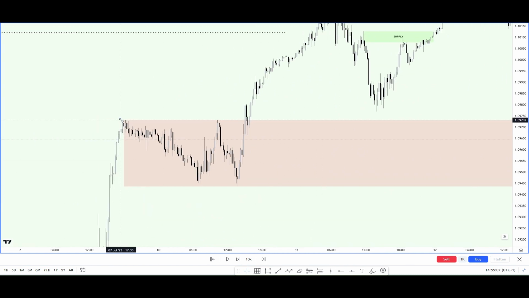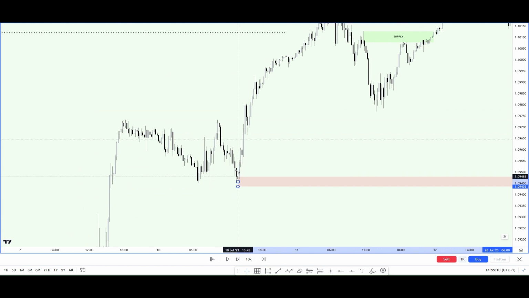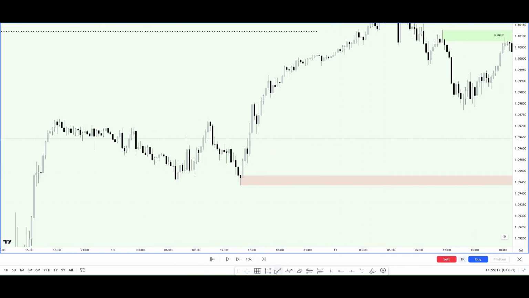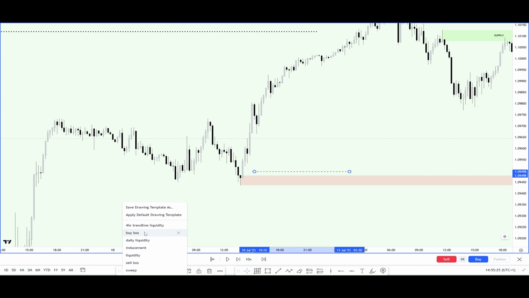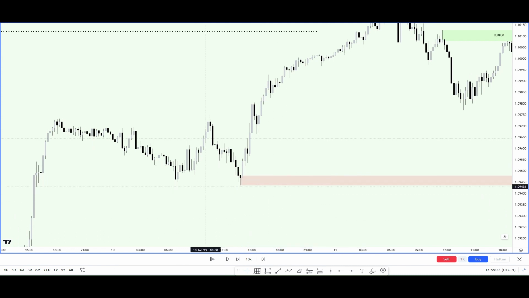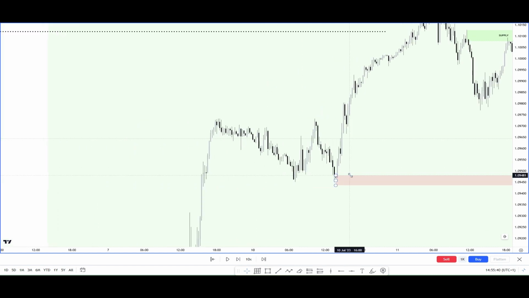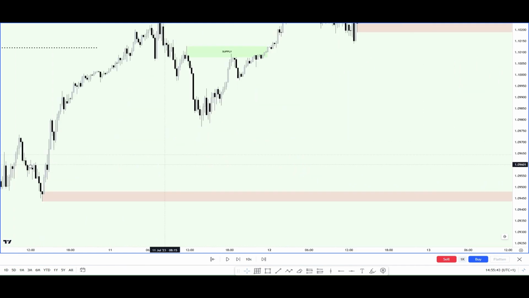And straight away, a lot of you will say, and you're right to say, this is the last 15-minute candle that actually hasn't been mitigated, because you can see right here we have got imbalance. This wick hasn't penetrated into this candle. So this area here is imbalance. So that's the extreme. This is the extreme demand.